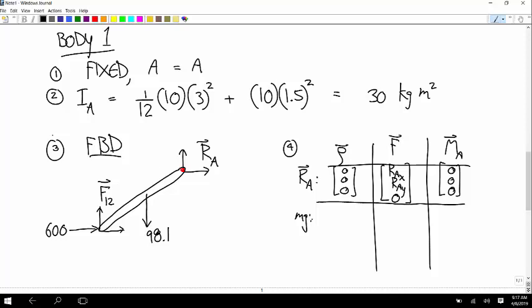Ooh, 1.299. Okay, so which one is this? This angle is 30, so this is negative 1.299 and 0, negative 0.75, and then 0, right? The force vector is 0, negative 98.10. And what's the cross product?